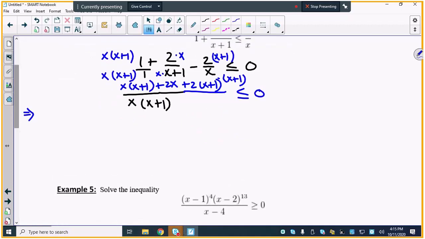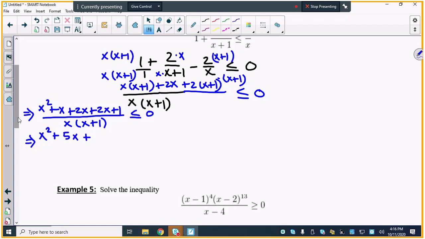So what I have now is x squared plus x plus 2x plus 2x plus 1 on the top. The bottom is x times x plus 1. So do not distribute the bottom because remember essentially we're going to factor. It is already factored. Top is then x squared plus 5x plus 1.